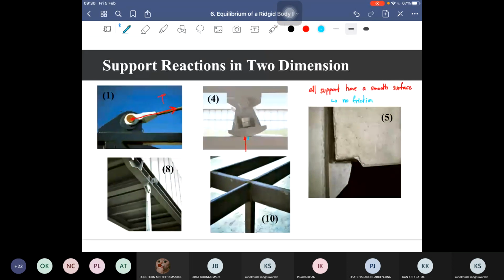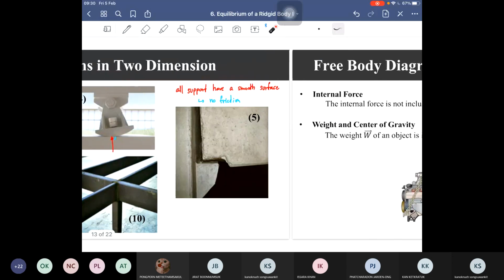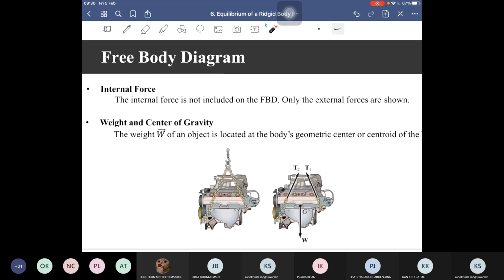Okay, so here are some examples of supports in 2 dimensions. Besides the reaction force of the support, there are 2 other things that we should consider before representing the system with the free body diagram. First, the internal force, and second, the weight and center of gravity. Normally, the internal forces that act between particles in the body always occur in collinear pairs.